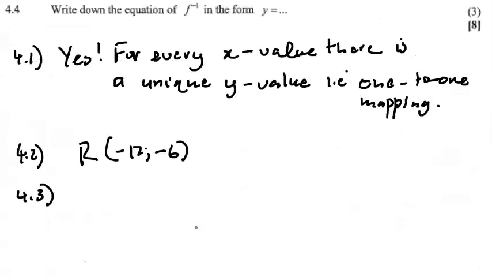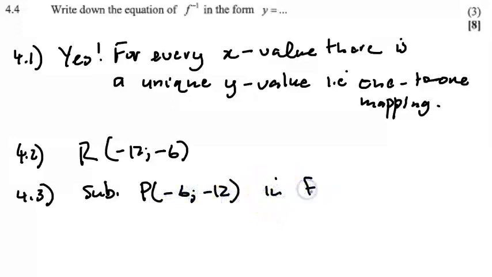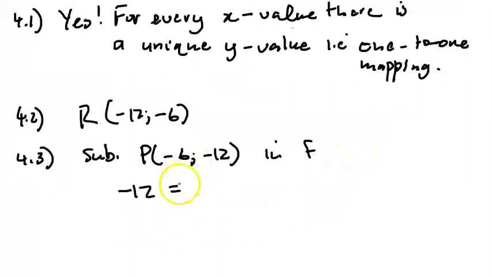So for 4.3, we're going to substitute p, negative 6 and negative 12, in f. So we get minus 12 equals a times minus 6 squared.